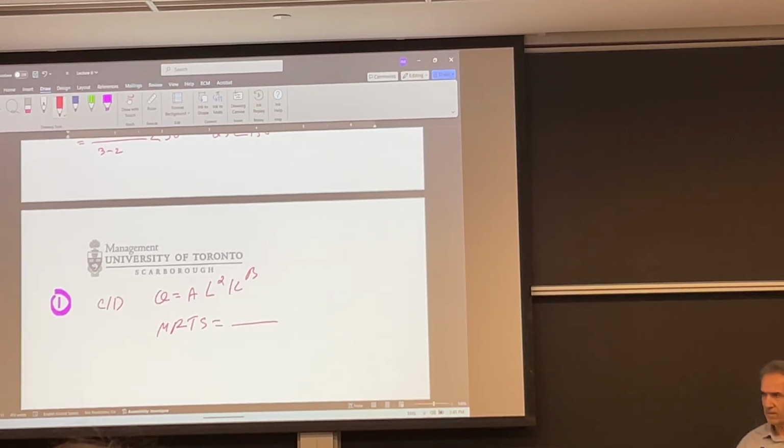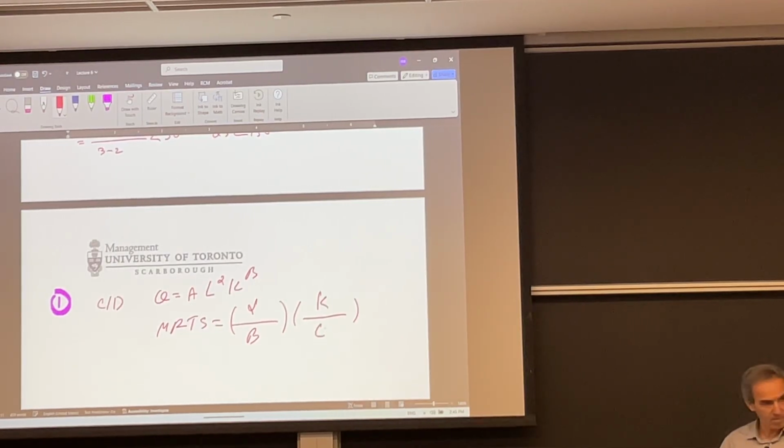What's the MRTS for this? It's the same rule of thumb as in consumer theory. You just K replaces Y, L replaces X. The rest is the same. Make sense? So what's the formula for MRTS? Alpha, beta, K, L. That's the MRTS. Make sense?